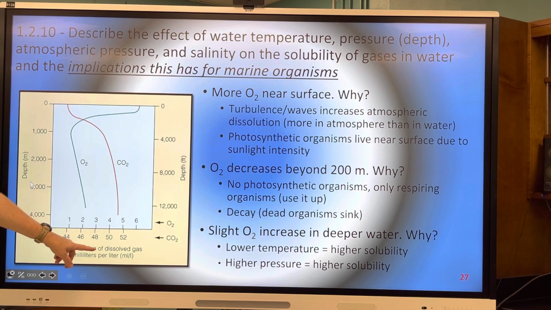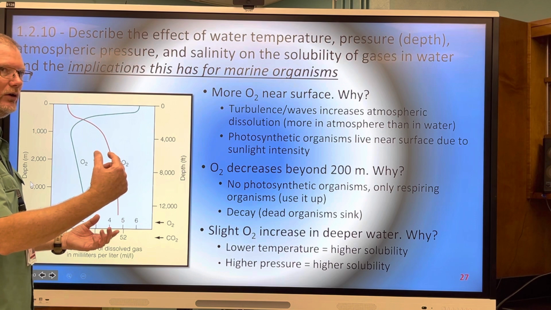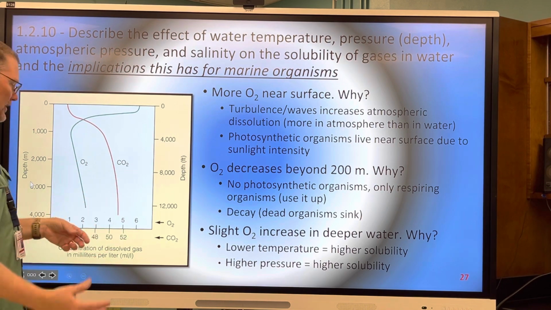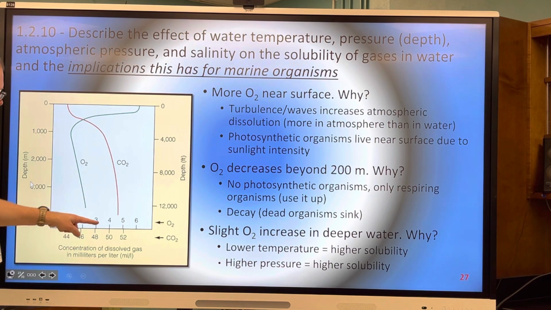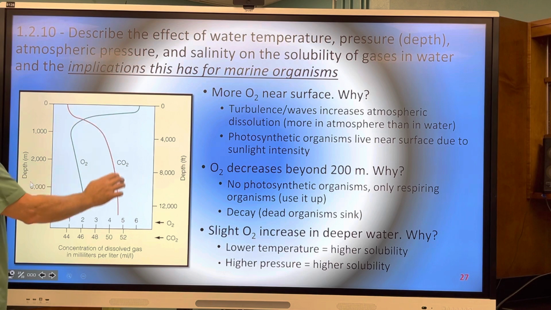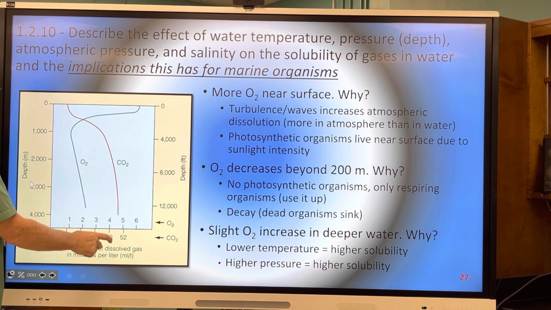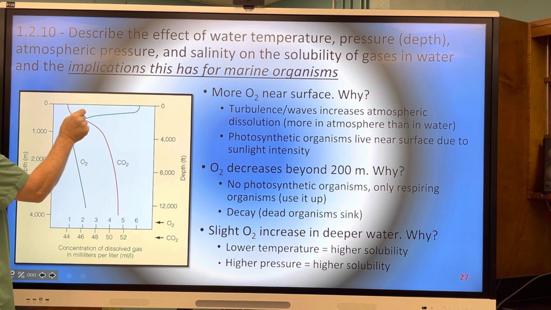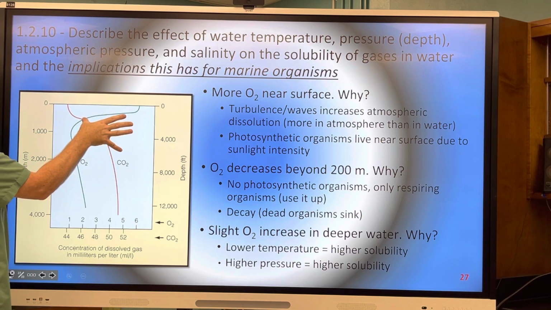And then the concentration of dissolved gas is going up in this direction with the scale. Carbon dioxide's on the bottom. We know because carbon dioxide dissolves better than oxygen because of polarity. And the oxygen numbers are there, okay? And you can see, for the most part, they're kind of stable, but then there's a switcheroo at the surface, okay?